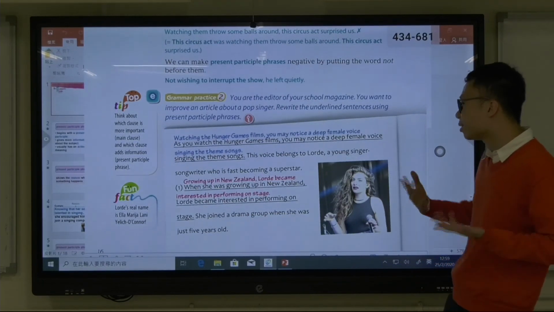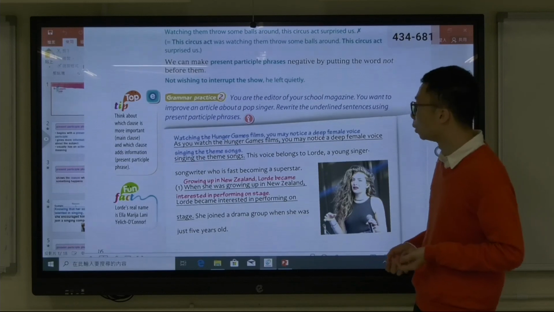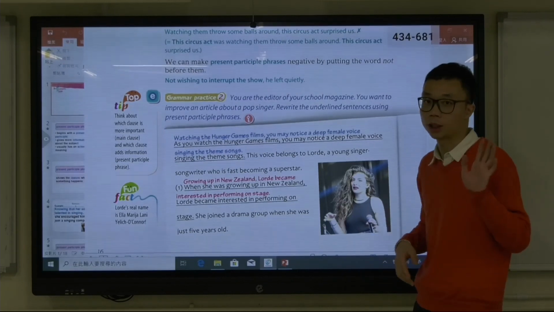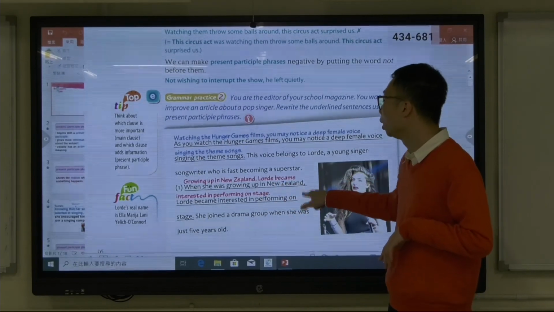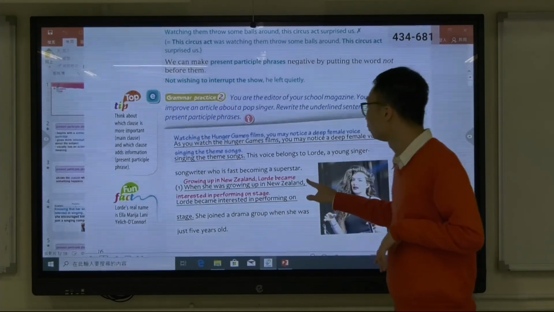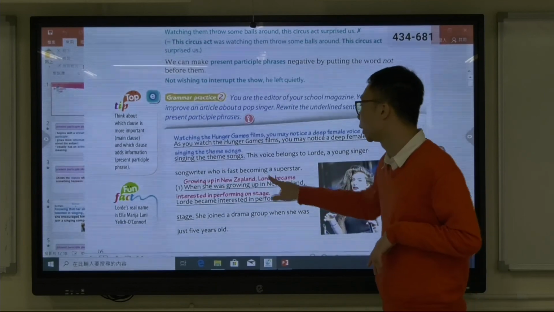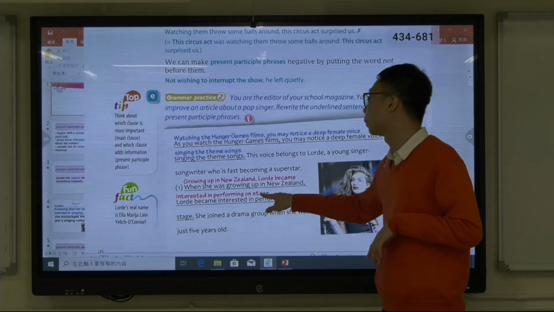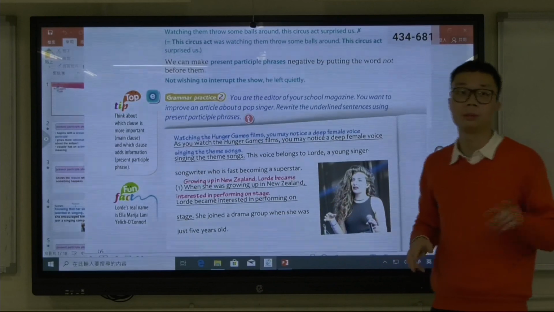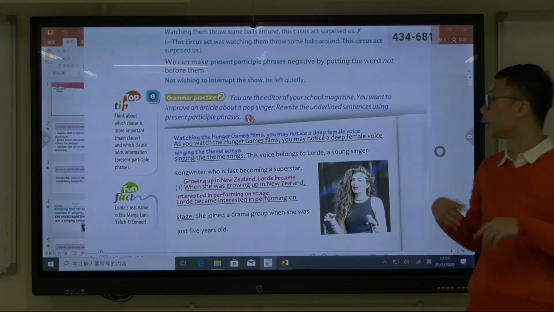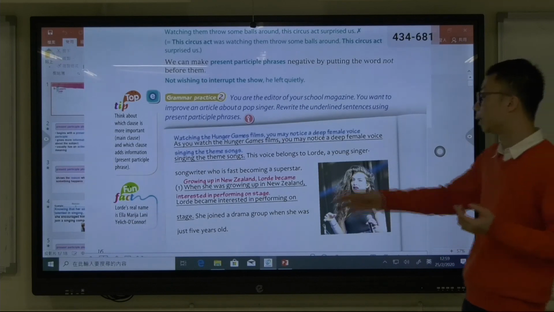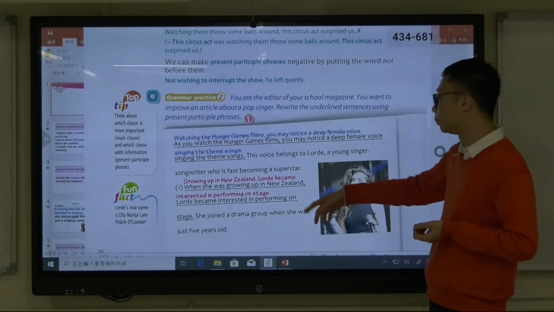Yes or no, you can do whatever you want, but I'd suggest that you just keep the word Lorde here, because you just copy this clause following the comma. So just keep it: Lorde became interested in performing on stage. So got it? Okay. This part is followed by the second idea, one following up the other, and they are both happening at the same time.